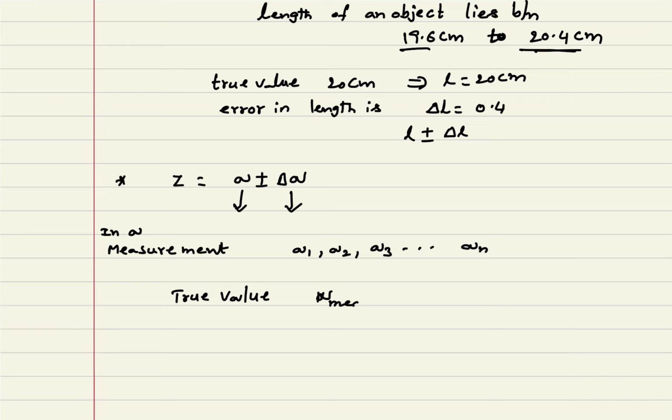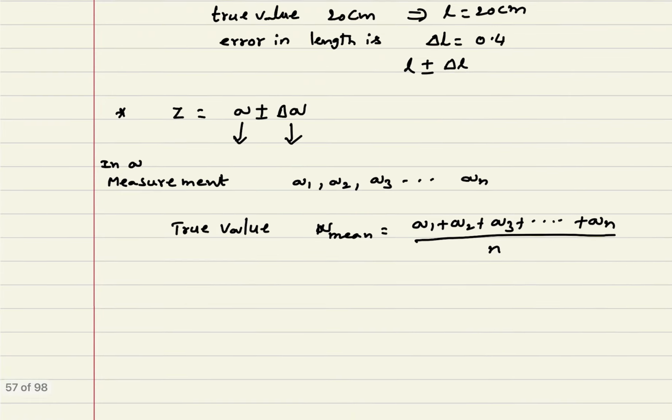If I want to get the true value, I can write the mean value as a1 plus a2 plus a3 plus so on up to an, whole divided by the total number of readings n. That is my true value. That is the mean value.